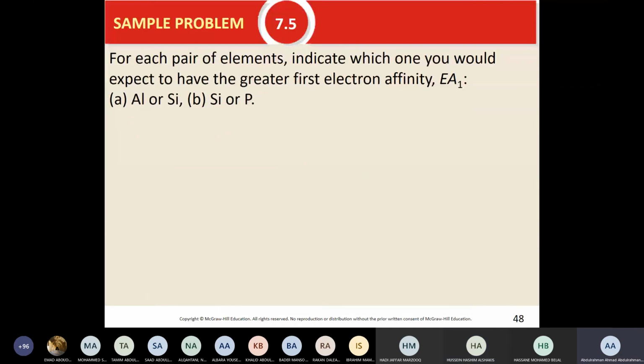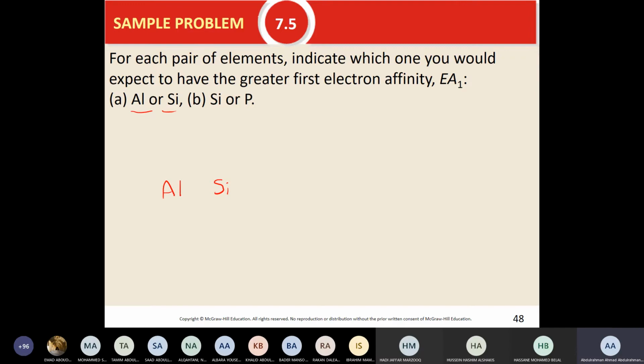For each pair of elements, which one would you expect to have greater electron affinity? Aluminum or silicon? Aluminum, and then after aluminum comes silicon. Which one will have greater electron affinity? What's the Z of aluminum?